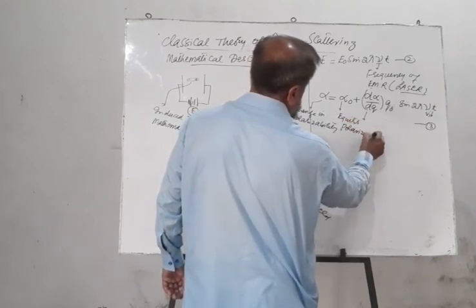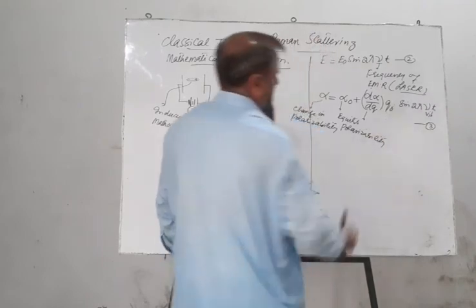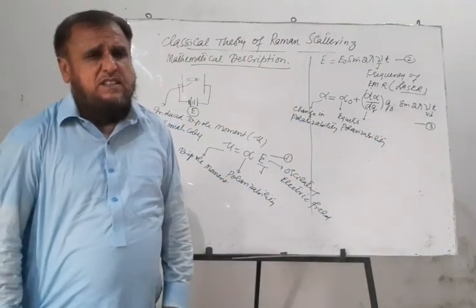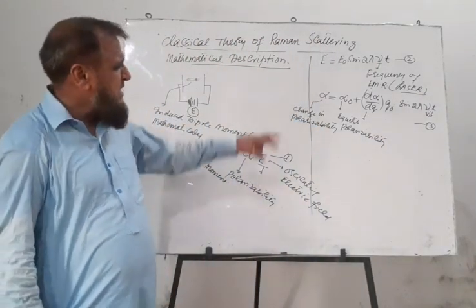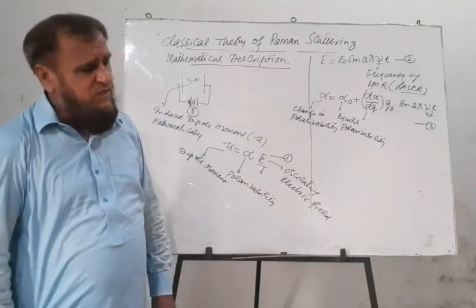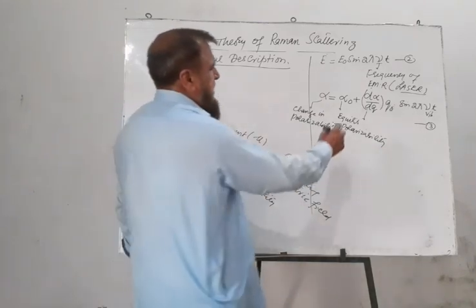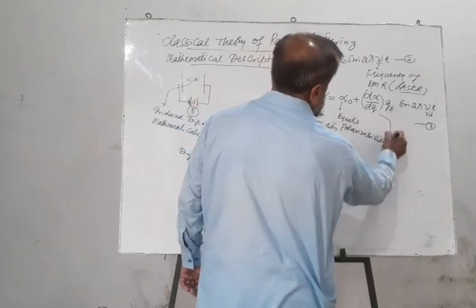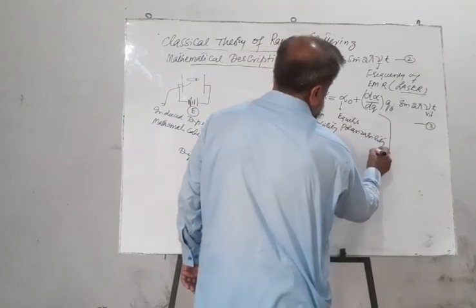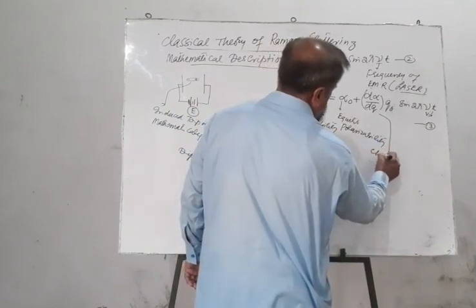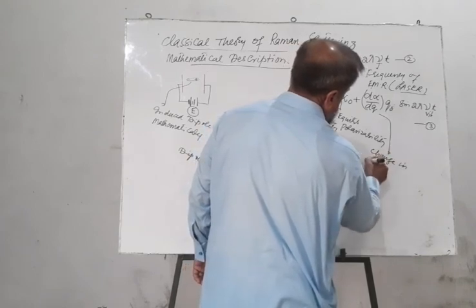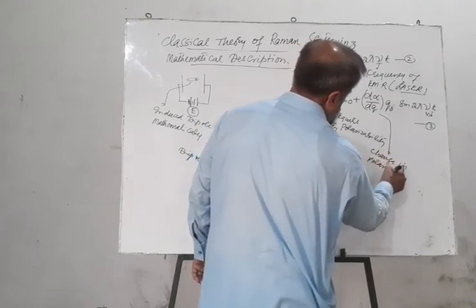When the molecule was present at its equilibrium position, it was also polarizable, and it is that polarizability which was present at equilibrium.